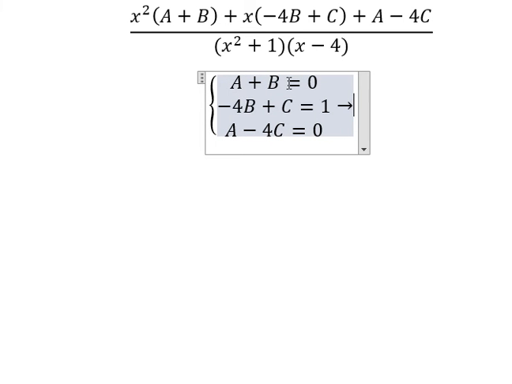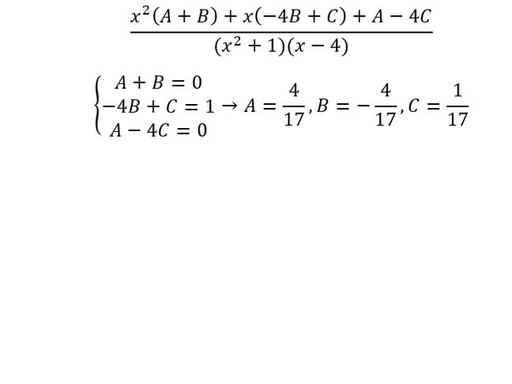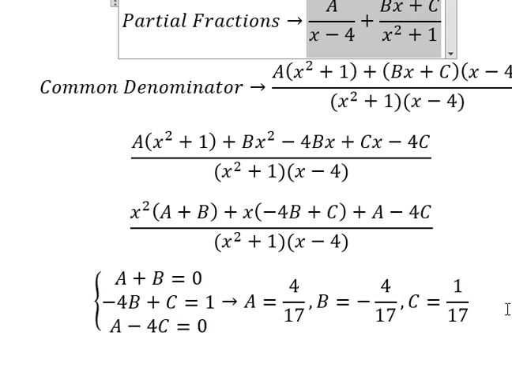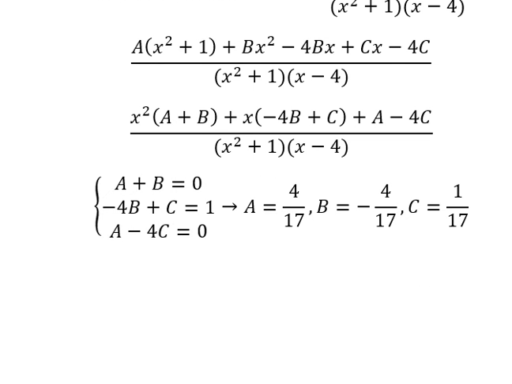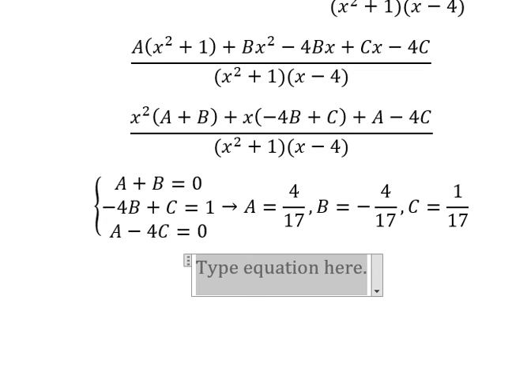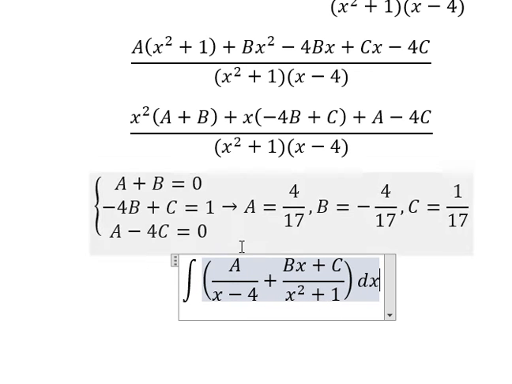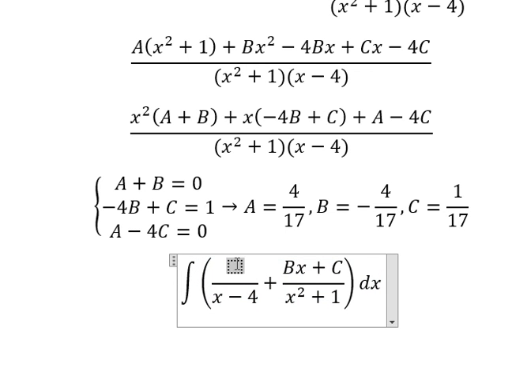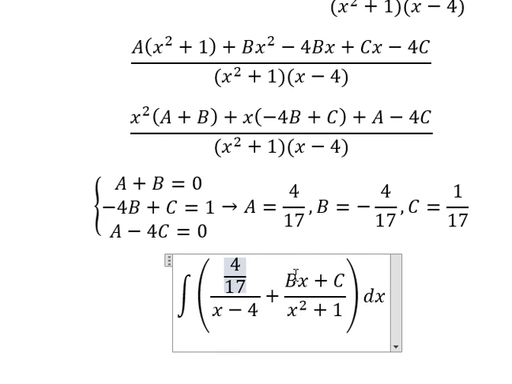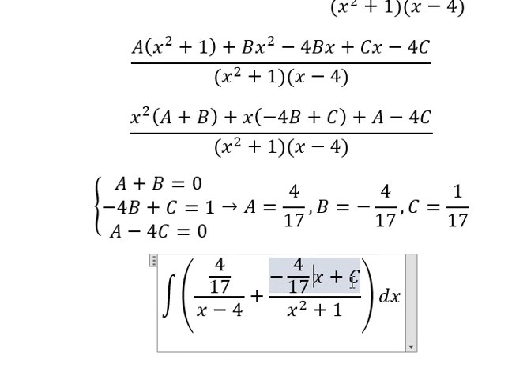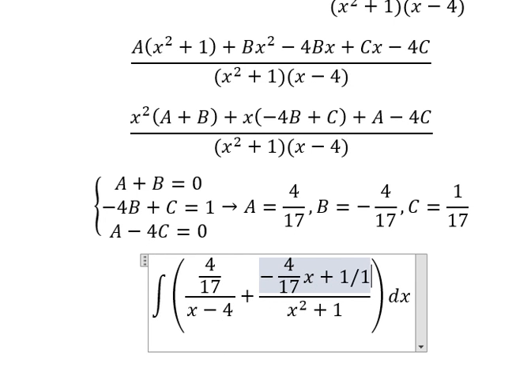And now we need to find the solutions of A, B, C. Now I will put A, B, C in here. So A equals 4 over 17, B equals negative 4 over 17, C equals 1 over 17.